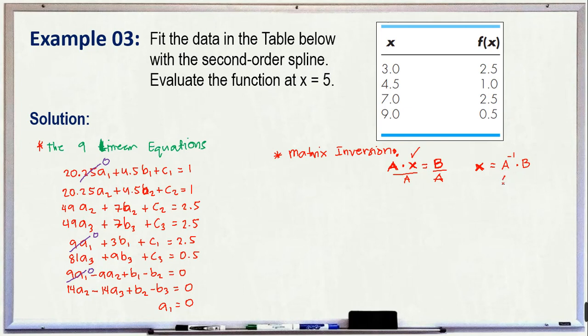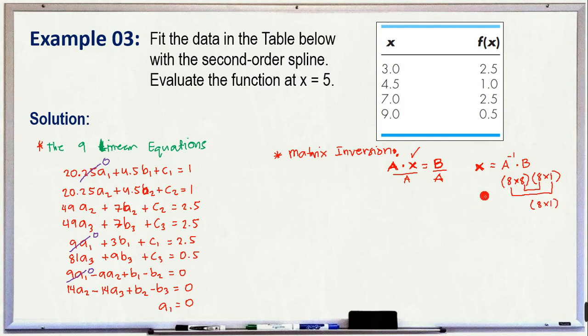It's because A is a square matrix, 8 by 8, meaning 8 rows and 8 columns. Our B is just one column but 8 rows, so 8 rows by 1 column. We can multiply because of the inner numbers, and the resulting size is 8 by 1.